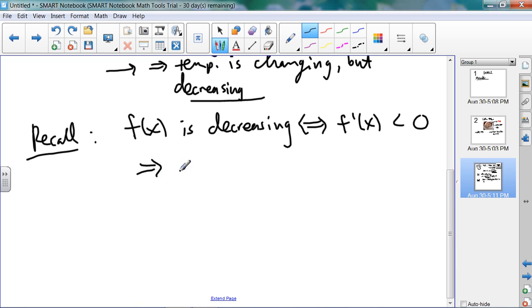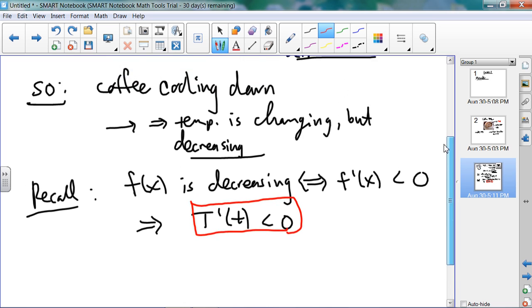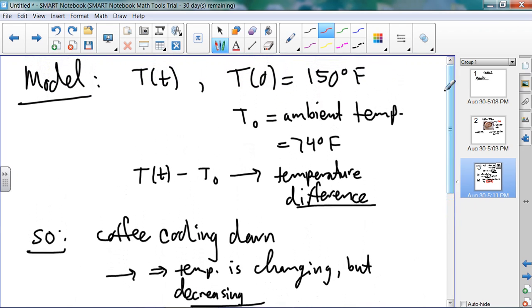So here's another piece of the puzzle. At this point, we've gotten a few pieces that we want to link together. The temperature is decreasing, and that's our mathematical statement for that. And we also know that the amount of temperature decrease somehow depends on this difference between the temperature of the coffee and the temperature of the ambient surroundings.